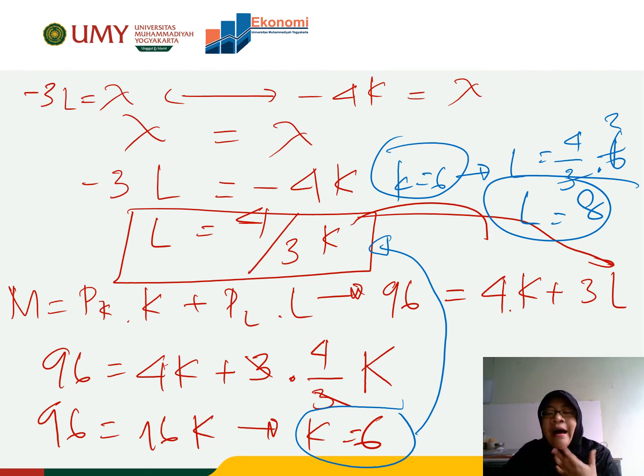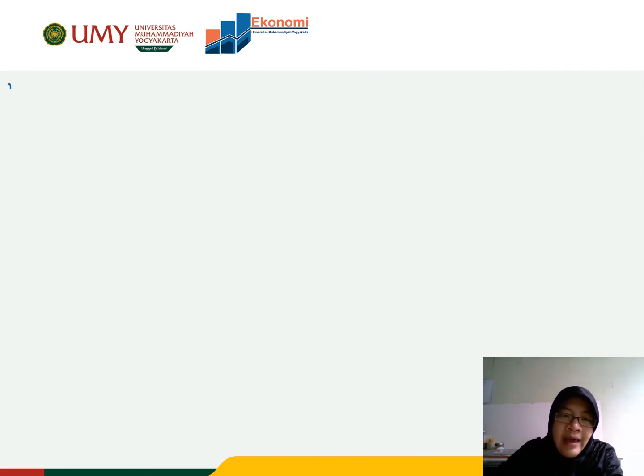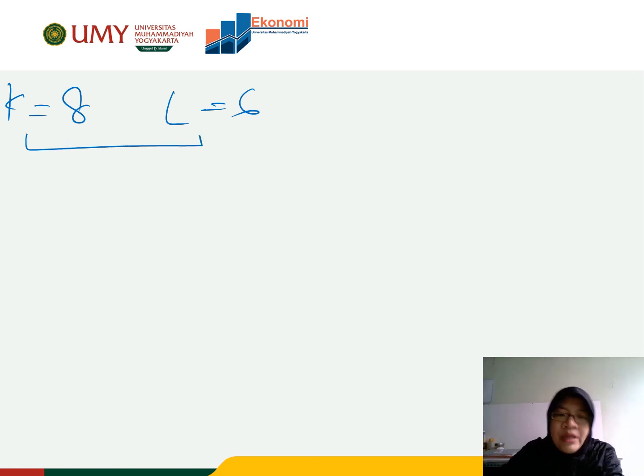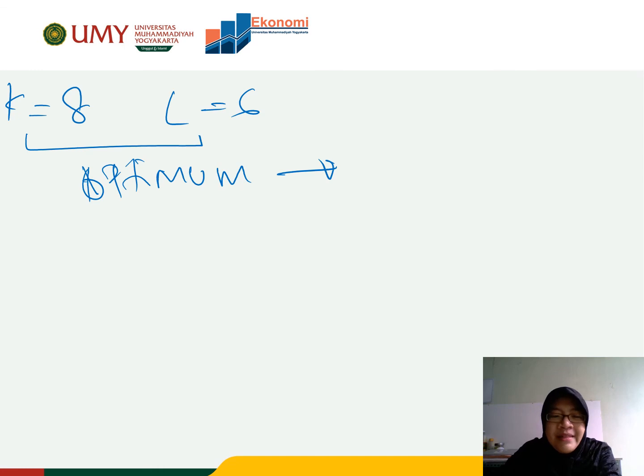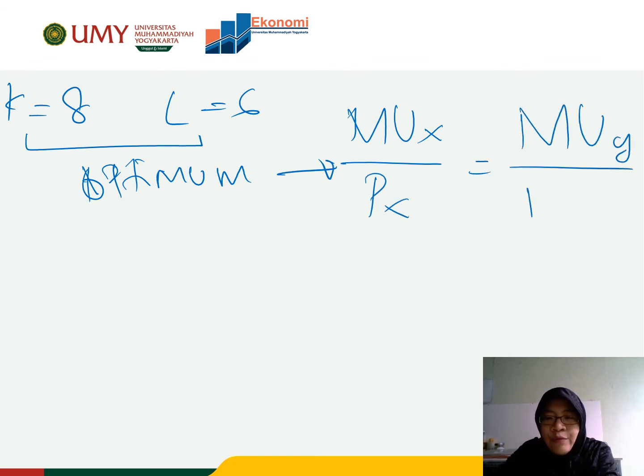So in this question, we already know how much is K and how much is L for the optimum production. Okay, so we have K equal to 8, L equal to 6. But we need to think, is it optimum or not? If you still remember the optimization in consumption, optimum is MUx over Px equal to MUy over Py.